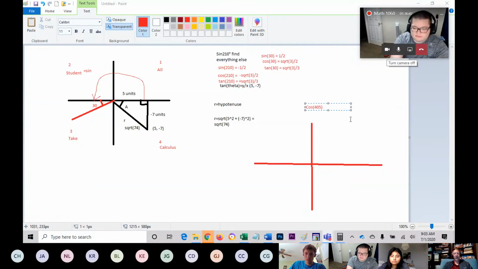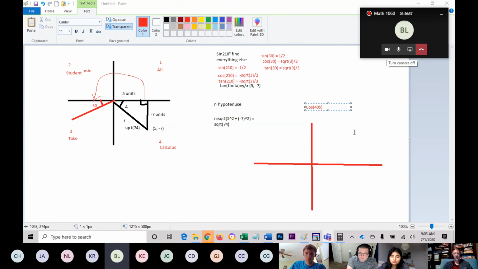which quadrant are we in with the cosine of 405 degrees? So it'd be 1 full rotation and then plus. So 1 full rotation is 360 degrees, right?